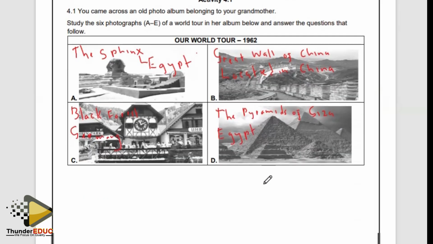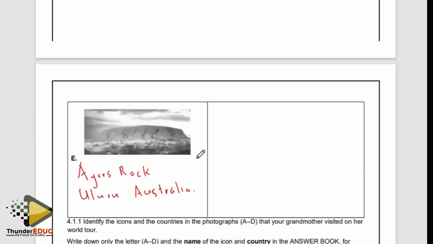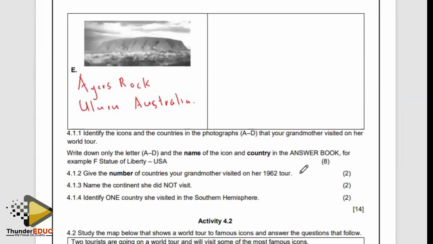Then in terms of the pyramids of Giza, we are not counting them because we have already mentioned Egypt. Then the next one is Ayers Rock, that is 4. So the correct answer for this particular question is the grandmother visited 4 countries.